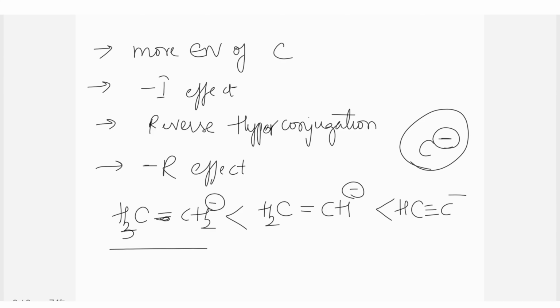The ethyl carbanion is less stable than the ethynyl carbanion. And if you consider the simple carbanions also, here the order is reverse. Methyl carbanion is more stable than primary, than secondary, than tertiary. So this is the stability order and the factors that stabilize the carbanion in reactions.